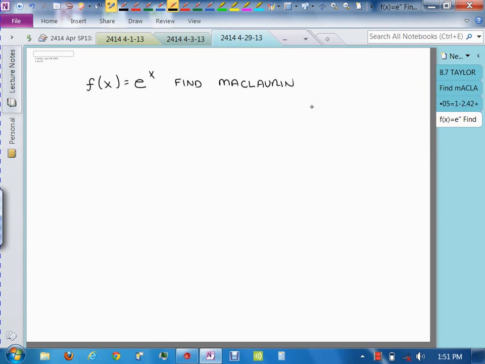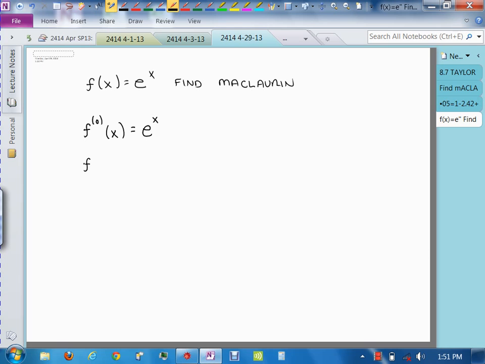All right, so what do we need to start with? Derivatives, right? Depending on how you want to do this, you might want to get used to first doing the zeroth derivative, because you're going to need that in the formula, right? What's the zeroth derivative of e to the x? It's just e to the x, right?